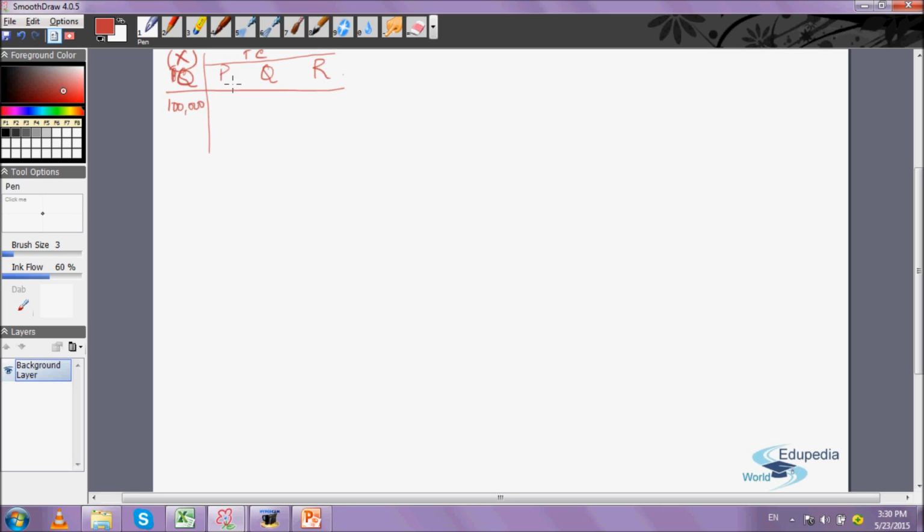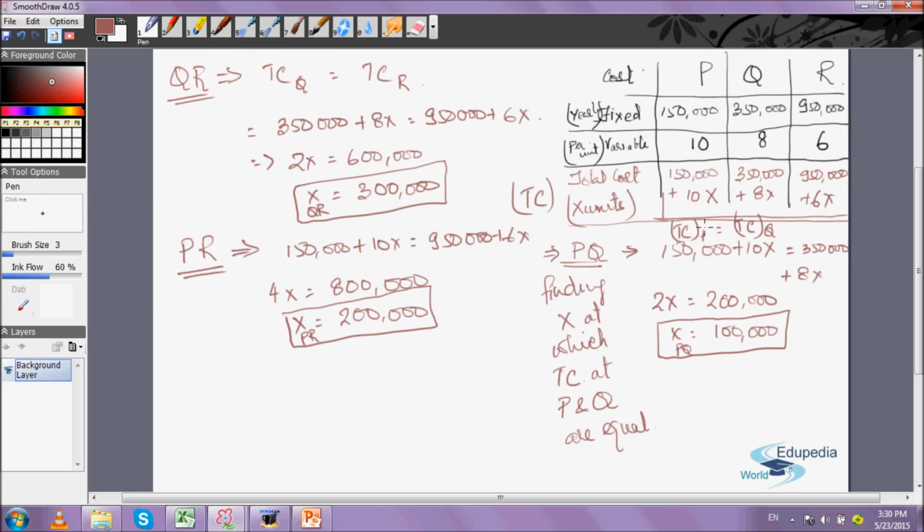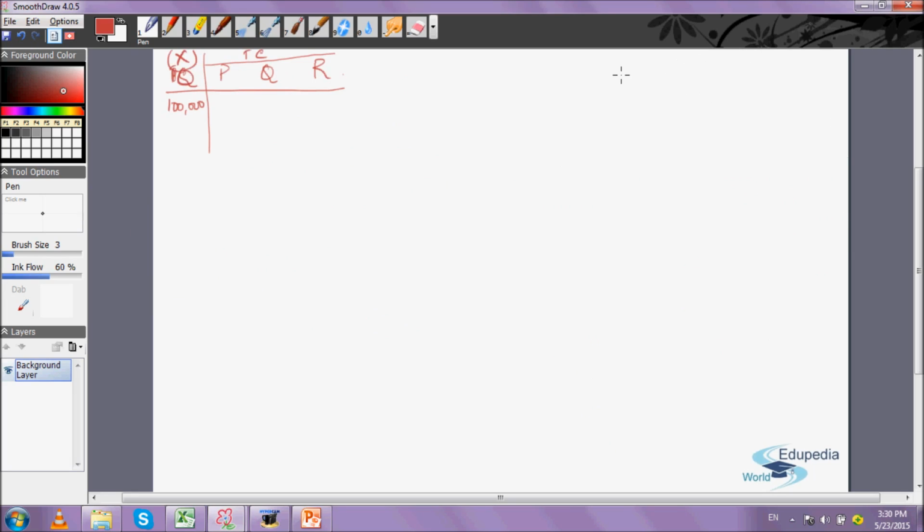When we have Q equals 100,000, we have seen that P and Q will be at break-even when the value is 100,000. And when we calculate using the equation we have for P, let me write the equation. The total cost equation for P is 150,000 plus 10x. So when I put the value 100,000 here in place of x, I'll have the value of P equals 1,150,000.